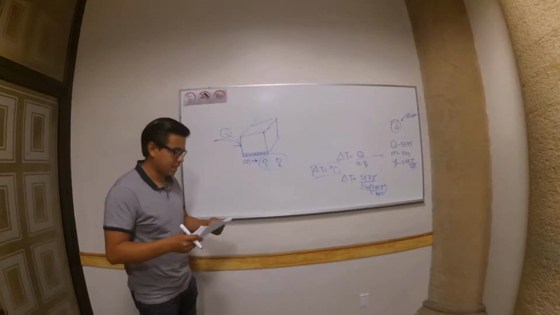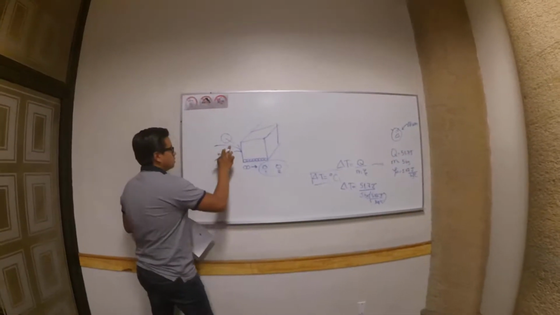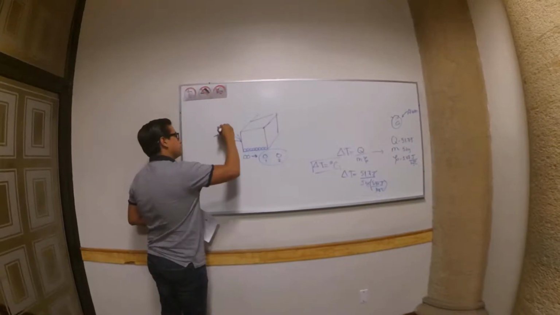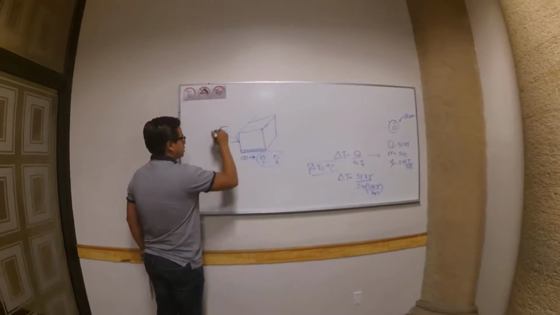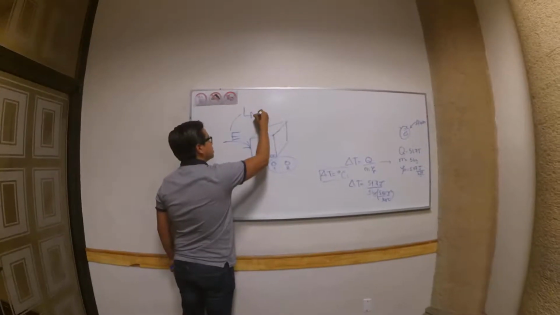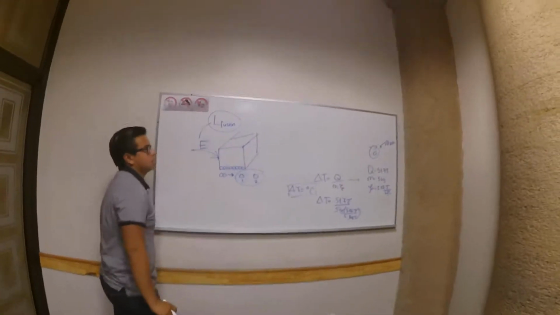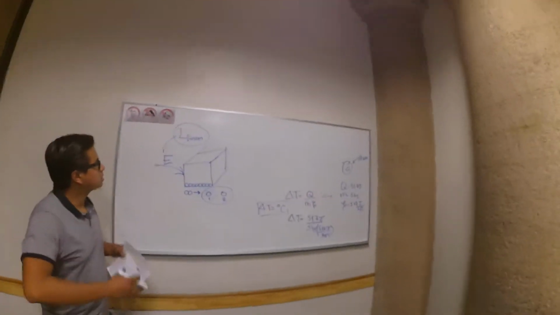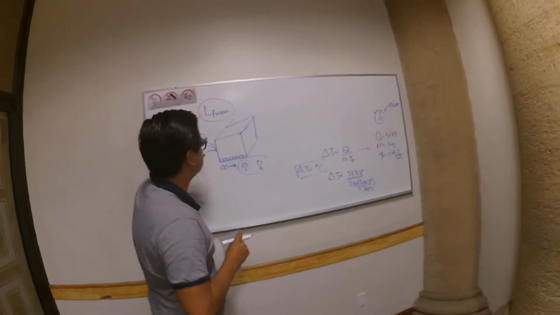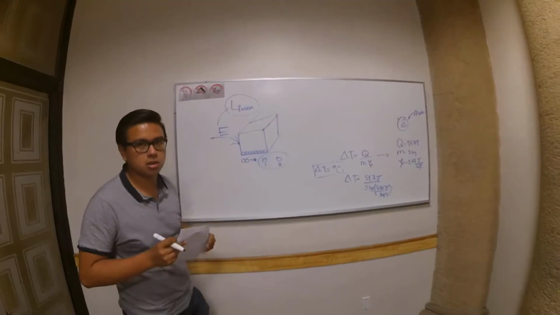The energy to melt the solid is going to be known as the latent heat of fusion. It is a specific type of energy. It's also given in joules, but it's specific for each material.